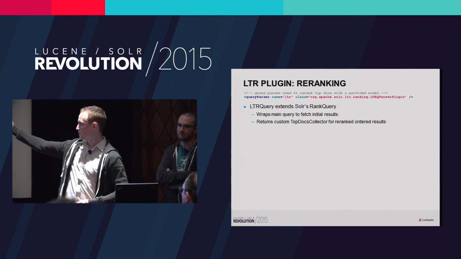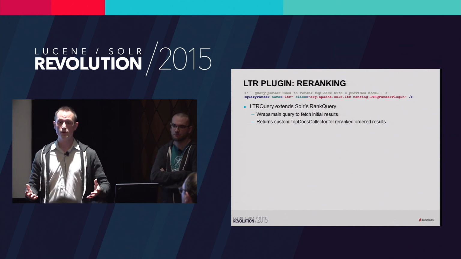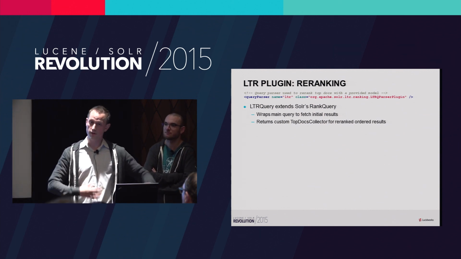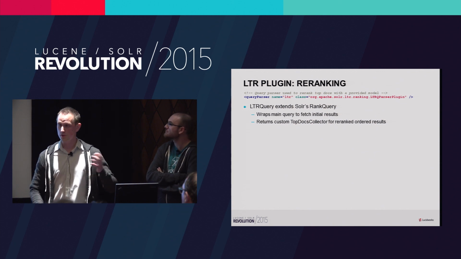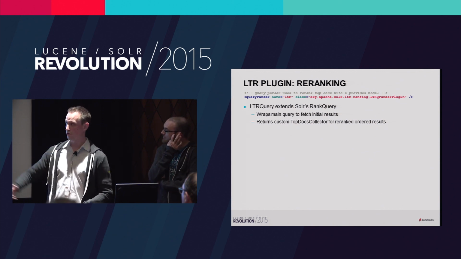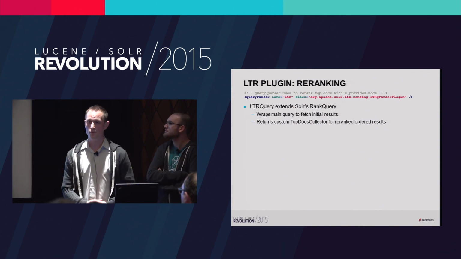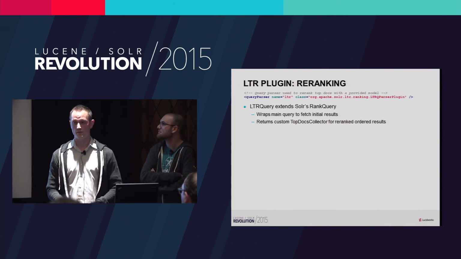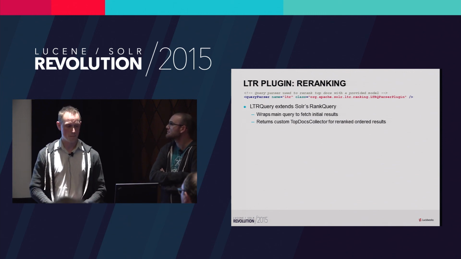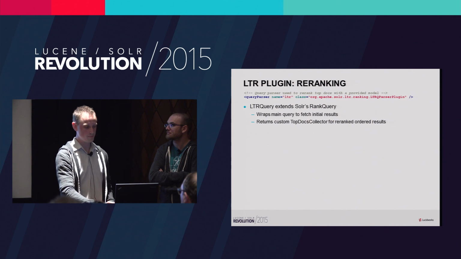And it essentially gives you the top docs collector, which you can then use to do whatever you want to those documents. In our case, we're using a model to rescore and reorder those results. Solr has its own re-rank query, where instead of a model, you'd pass in a second Solr query. But again, in our case, we're passing in a model.